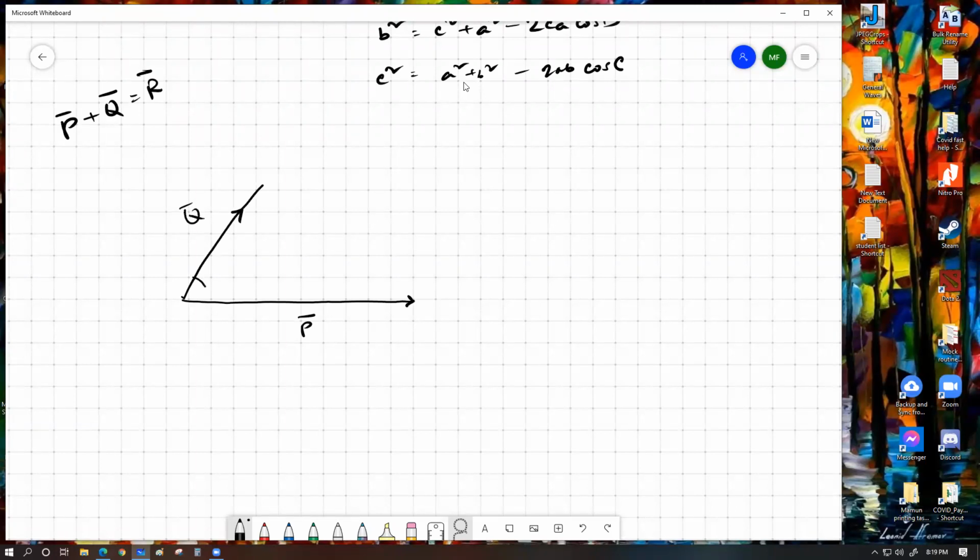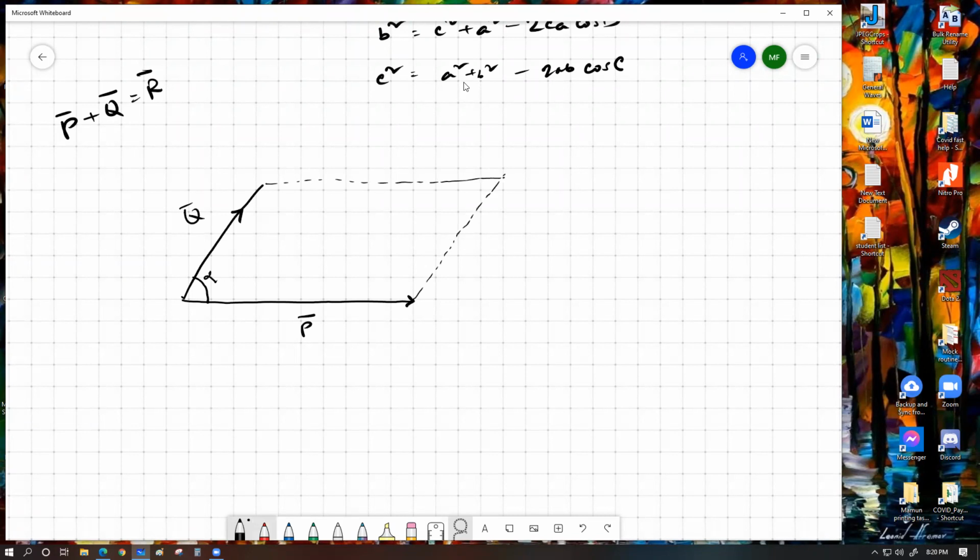Let's say the angle between them is alpha. I'm going to use alpha anyway, no big deal. And I can complete the parallelogram right here. So this is my complete parallelogram.